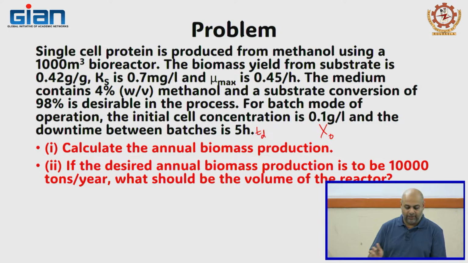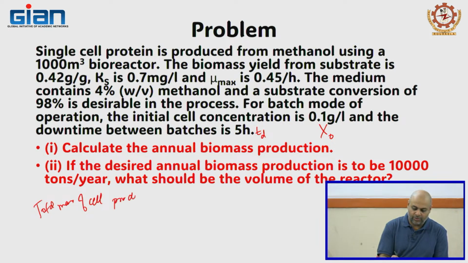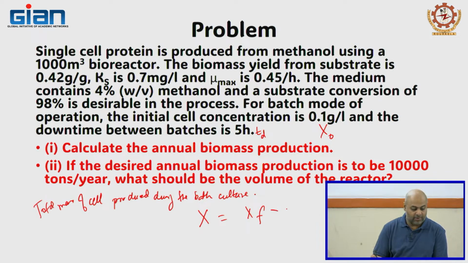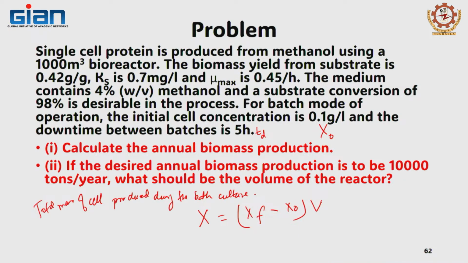Now, let us say, what is the total mass of cell produced during the batch culture? It is X f minus X naught into V. This is your total mass of cell produced during the batch culture.